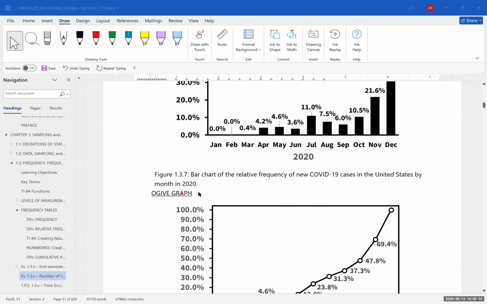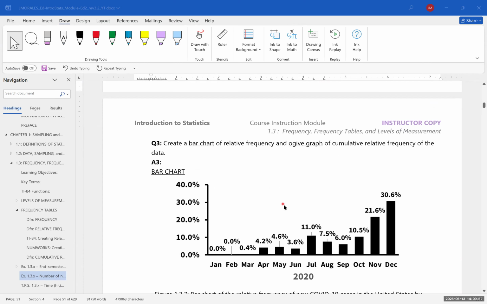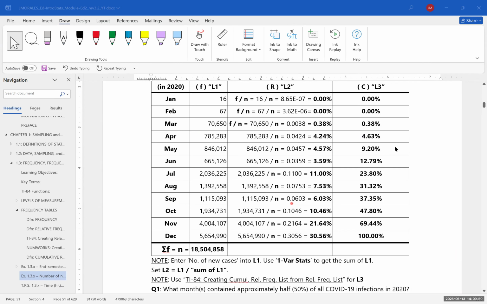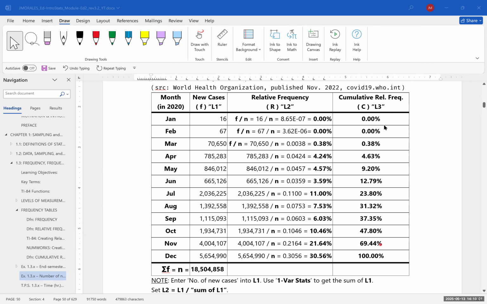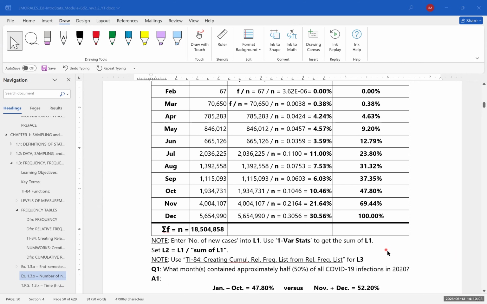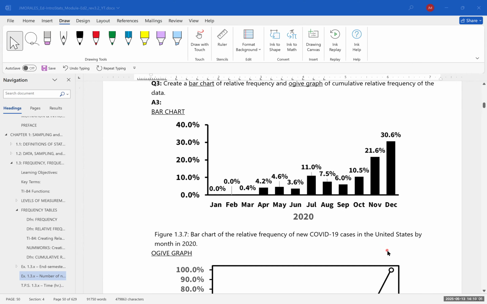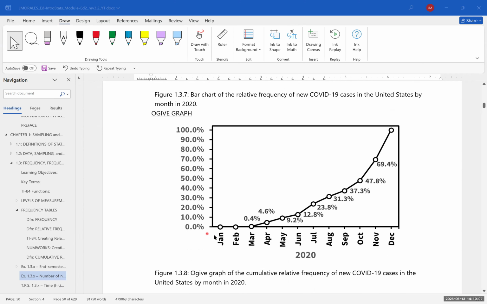Then an OGIV graph. This is a graph of the cumulative relative frequency. As we go from 1 month to the next, what we're looking at is how high the next point is relative to the current one. So we go from January to February, there isn't that much of an increase. From February to March, there isn't that much of an increase.